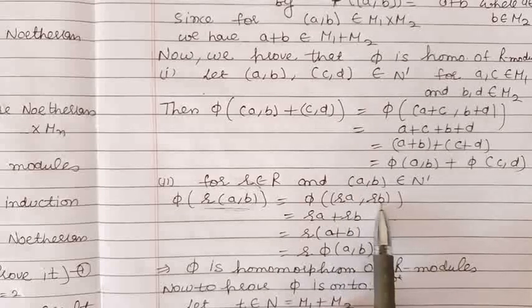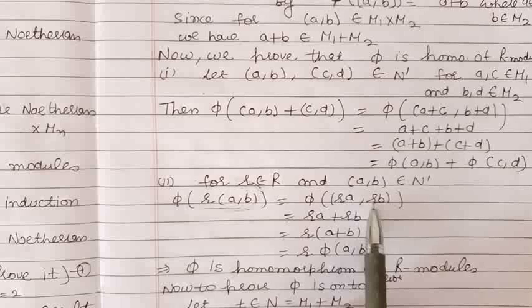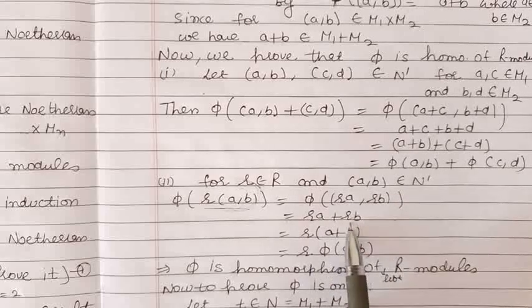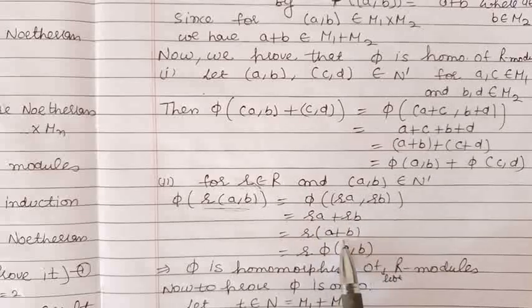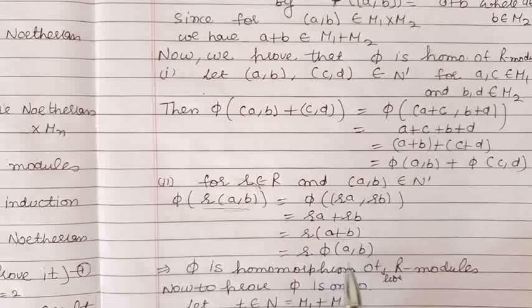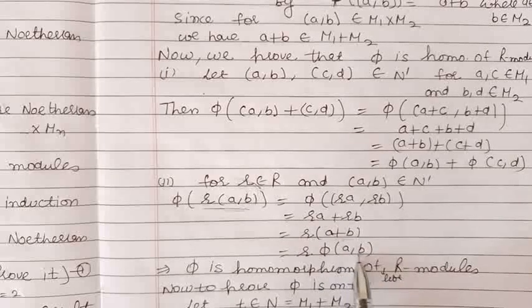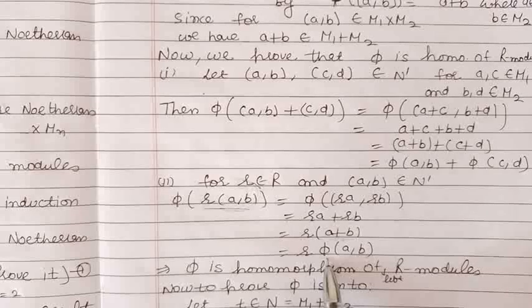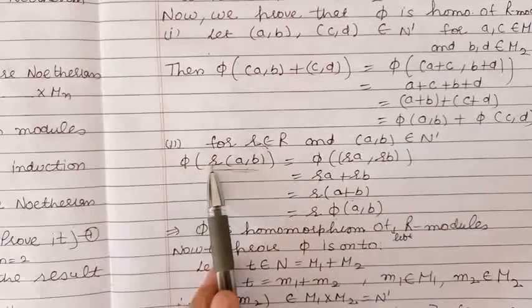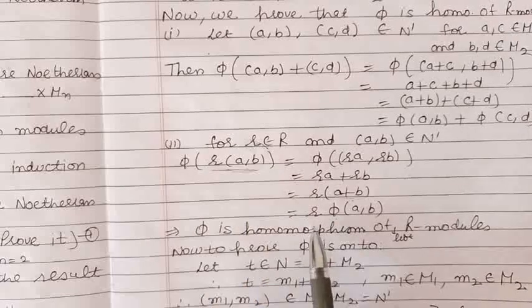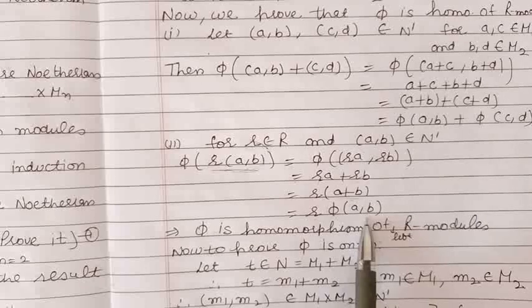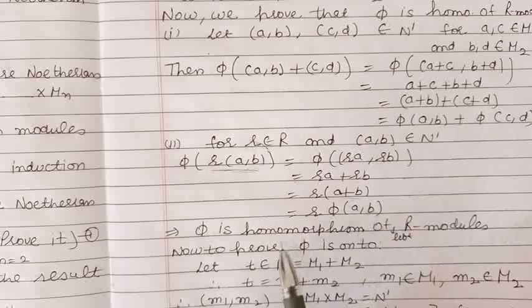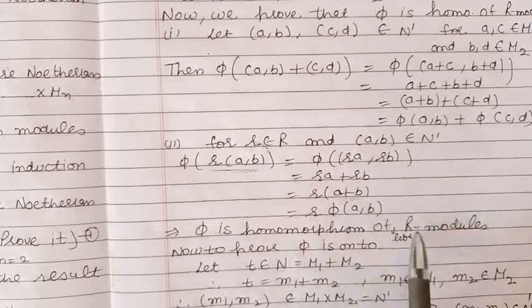Now by definition of mapping phi, the image of this ordered pair is equal to the sum of these two elements, meaning RA plus RB. Now this can further be written as R times (A plus B). Now A plus B is the image of the ordered pair (A, B) under the mapping phi. So we have proved that the image of R times the ordered pair (A, B) is equal to R times the image of the ordered pair (A, B). So till now we have proved that phi is a homomorphism of left R modules.